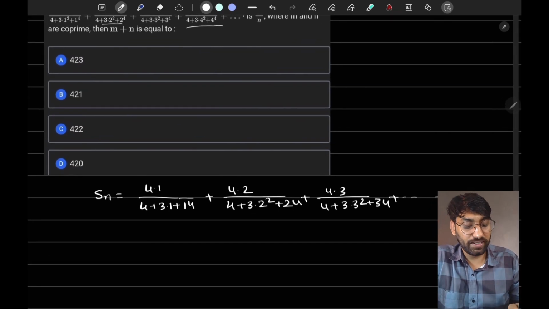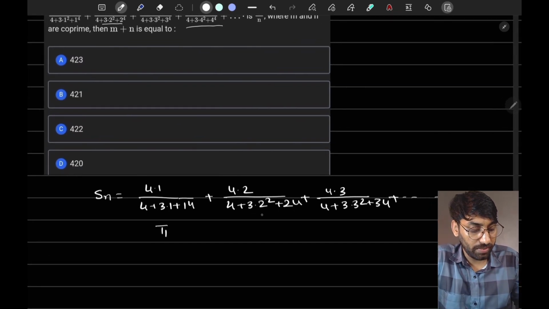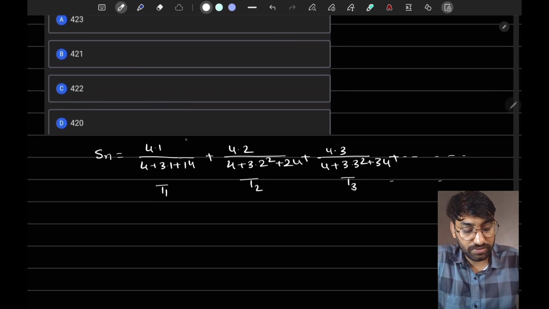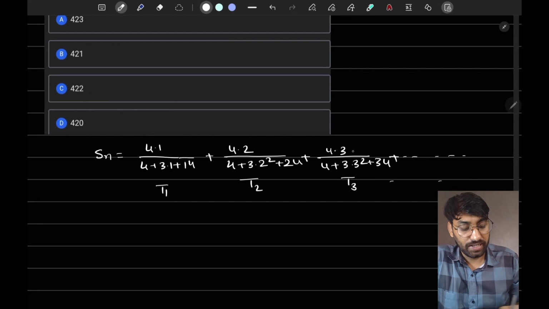If I look closely, this will be my term 1, this will be my term 2, this will be my term 3 and so on, right? So if you see the common part, in term 1, 4 into 1 is there, in term 2, 4 into 2 is there, in term 3, 4 into 3 is there.